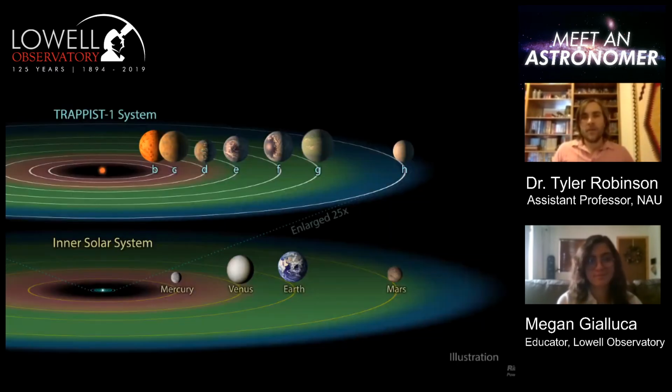Another extremely famous now exoplanet system is a planetary system that was discovered using the transit technique around a relatively nearby, extremely faint, extremely cool M dwarf star called TRAPPIST-1 is the name of the star.